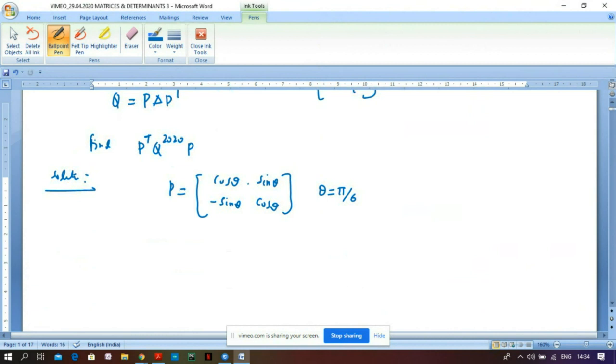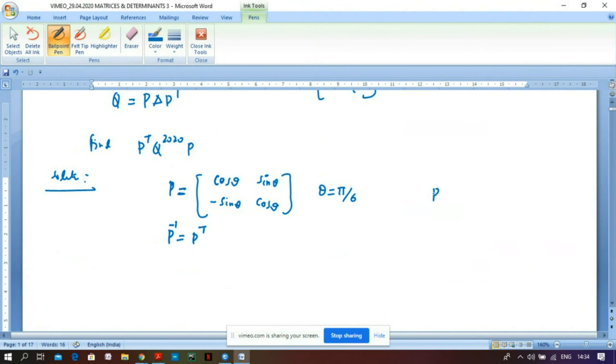Once you say P is this, we discussed last time that this matrix is orthogonal. You must be able to easily identify these in the exam, so you don't lose any time. The moment this is given to you, the first thing that should come to your mind is that I know this matrix, and immediately your mind will give you the reasoning that it is an orthogonal matrix. So we know that P inverse is nothing but P transpose.